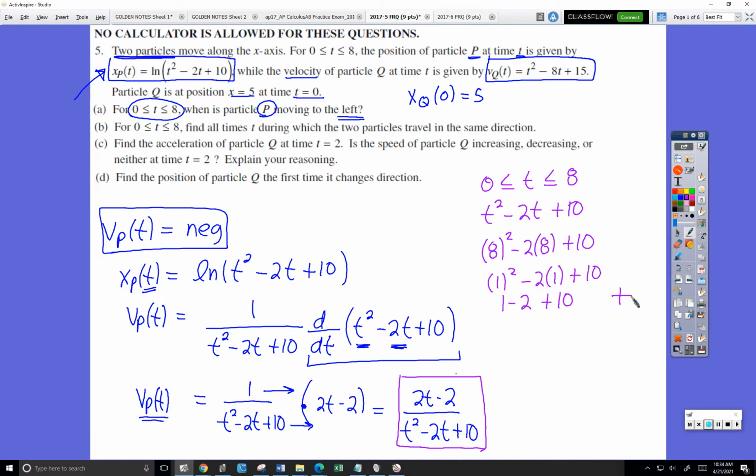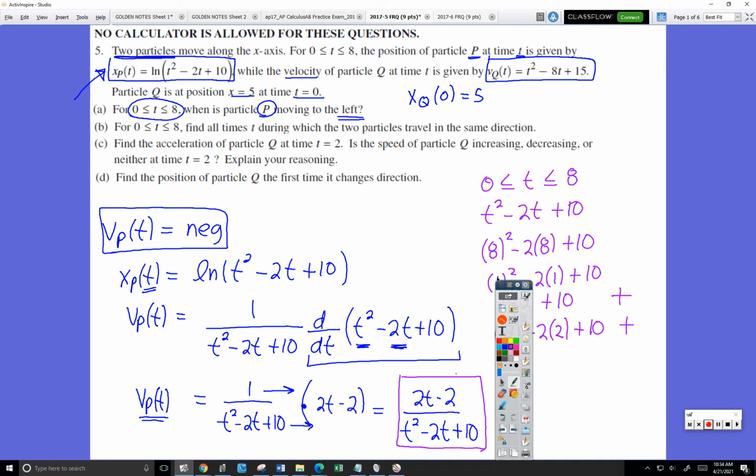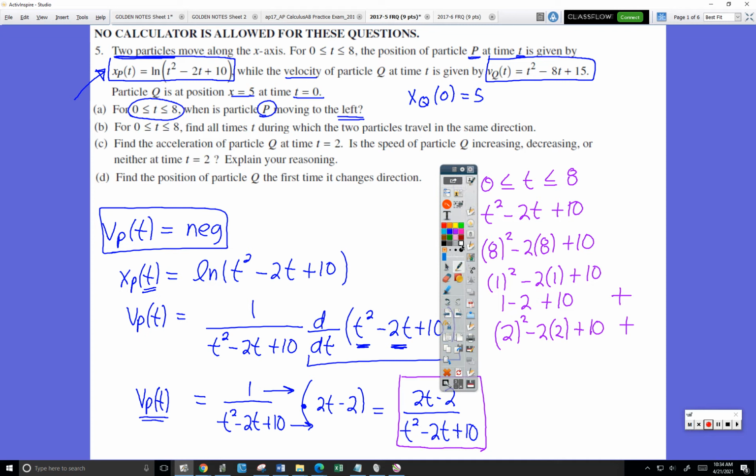If I plug in 2 squared minus 2 times 2, that's going to be 10 itself. So that's positive. I guess I should look for a trend. Let's make a little quick table here. This is the point where I might move on to the next problem because I feel like I'm stalling a little bit.